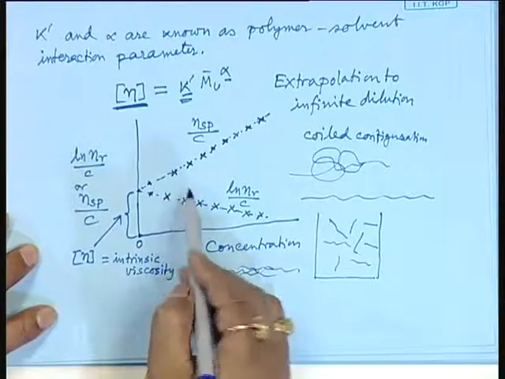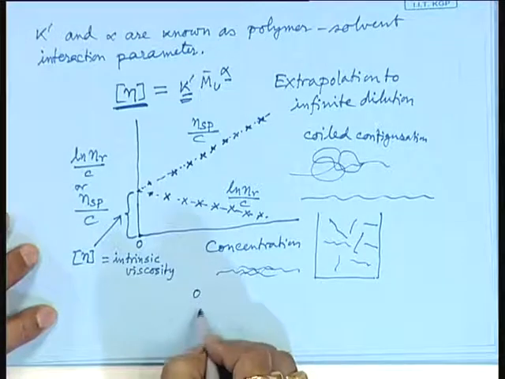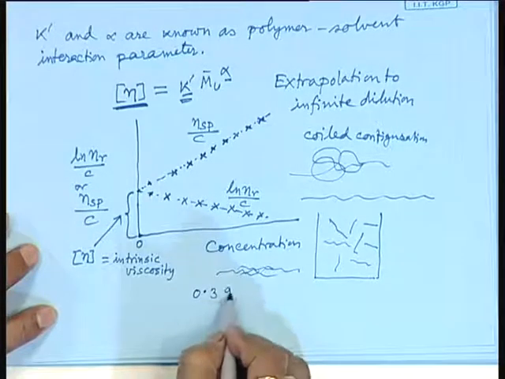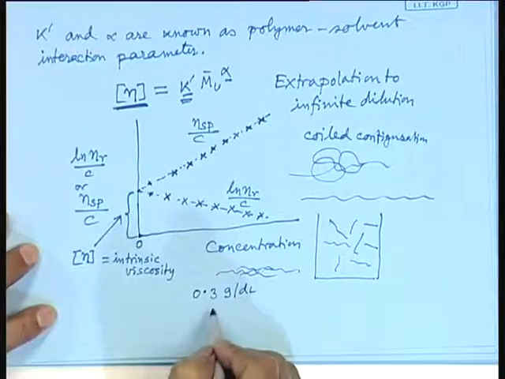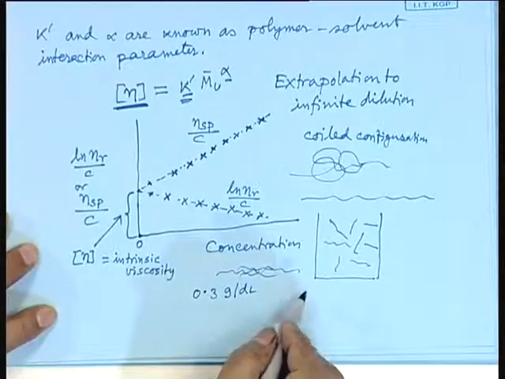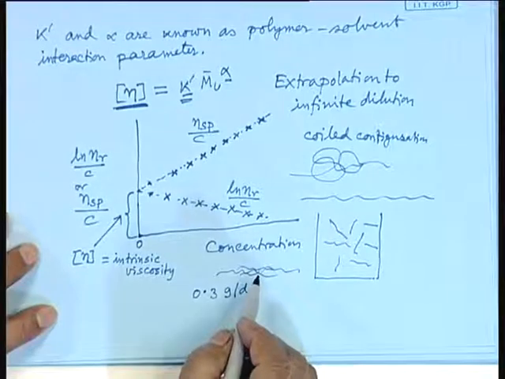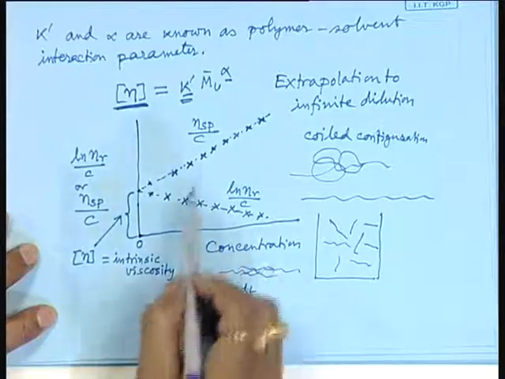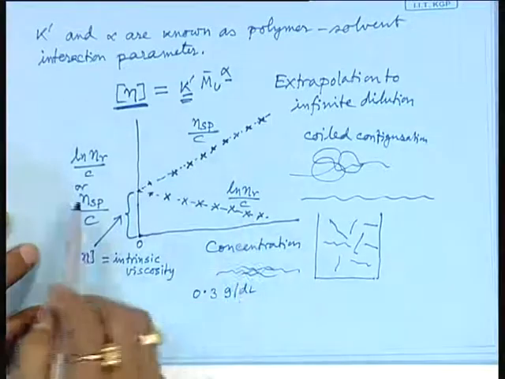So you have to start with, say, 0.3 grams per deciliter and onwards: 0.3, 0.5, 1, 2, 3, 4 grams per deciliter, and only then can you get this kind of curve.